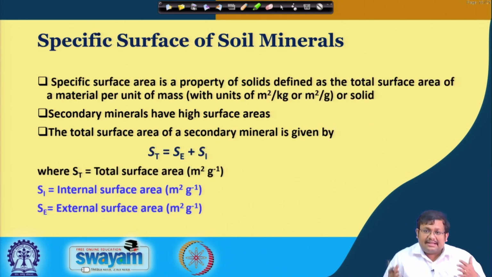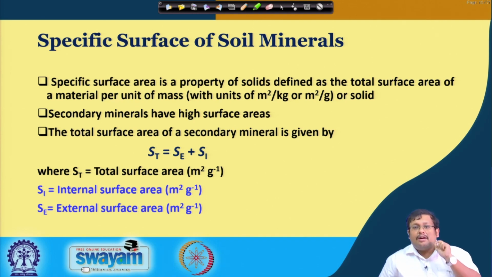So, let us discuss another very important thing, that is specific surface area of minerals. Specific surface area is a property of a solid, defined as the total surface area of a material per unit of mass, and it is expressed in square meter per kg of solid. Secondary minerals, remember, have high surface area because their size is very small.